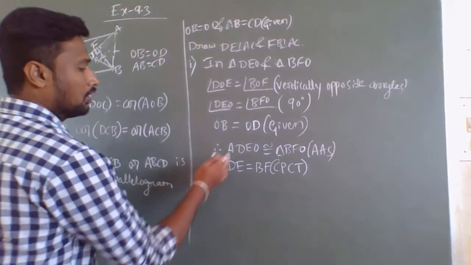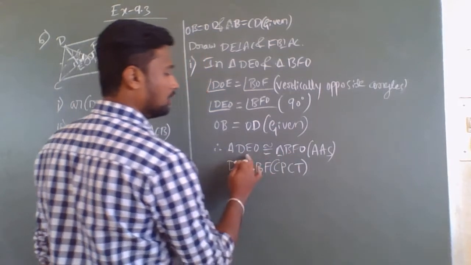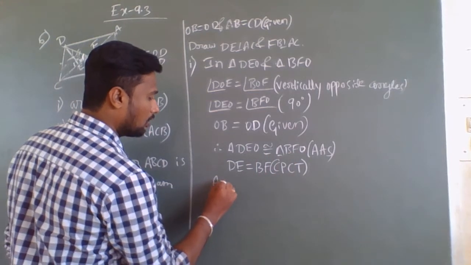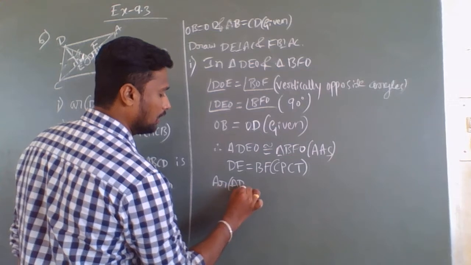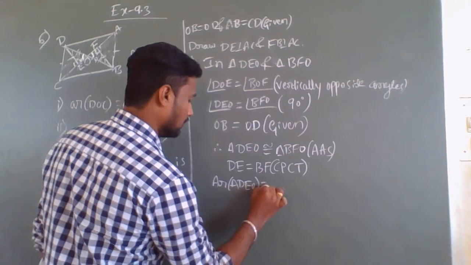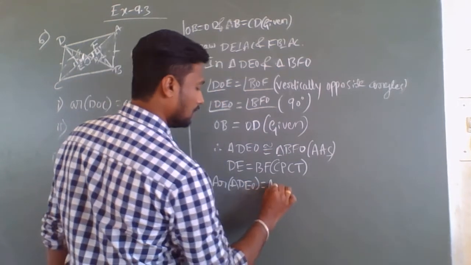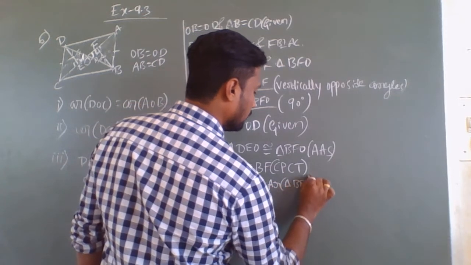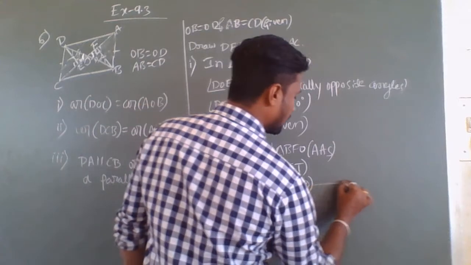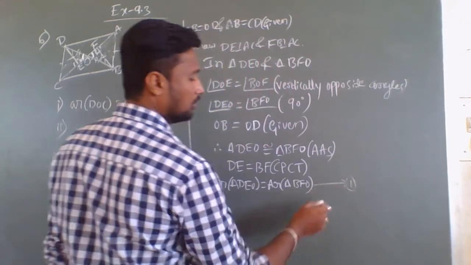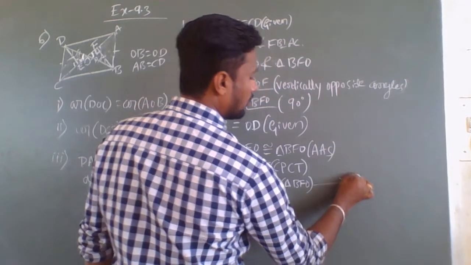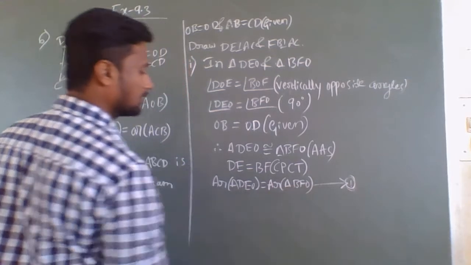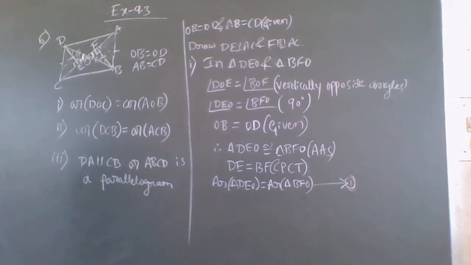So now, if these two triangles are congruent to each other, then we can say that the area of triangle DEO equals the area of triangle BFO, because we know that the area of congruent triangles will be equal. So I will consider this as 1.